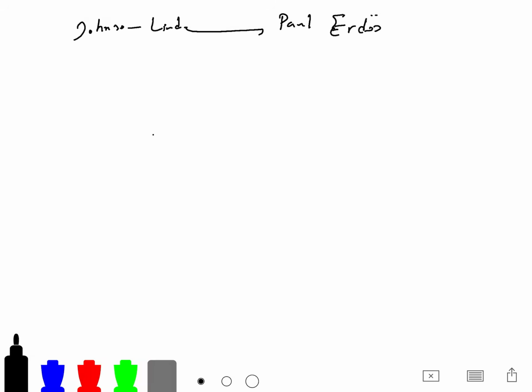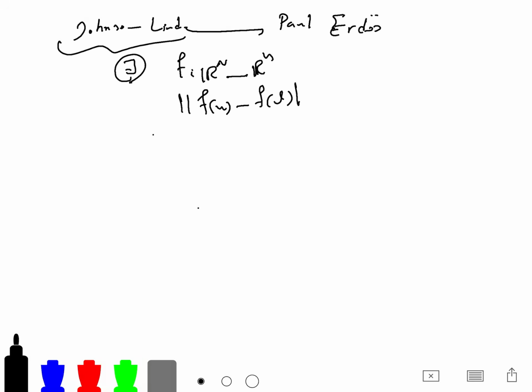The JL lemma says that there exists a linear map from Rn to Rk, and the existence is what is important, such that this map preserves the distances, exactly what I wrote on the previous page.